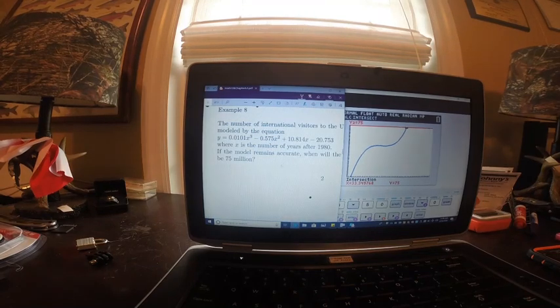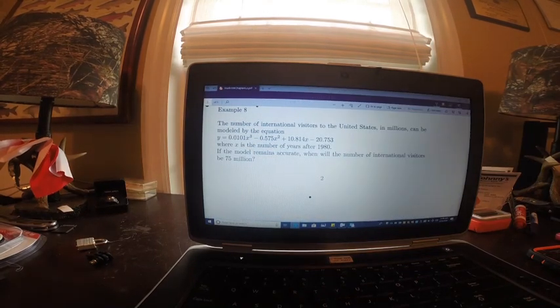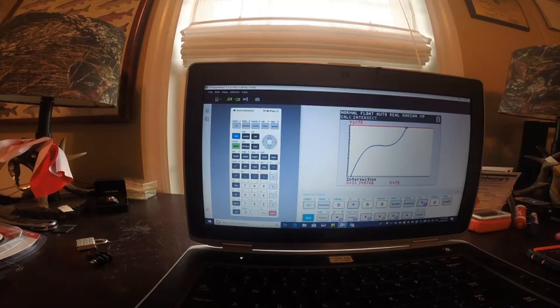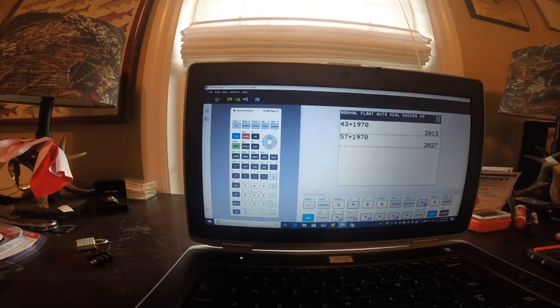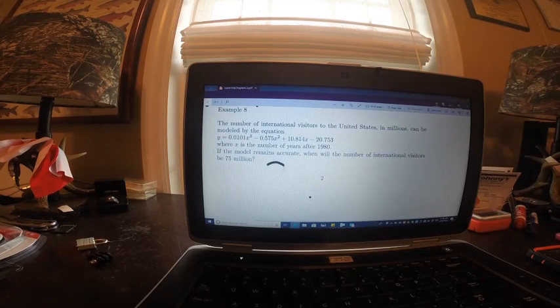We have to know here, we look at year 33, number of years after 1980. So if you want to be really simple about it, 1980 plus 33. So in the year 2013, that would be the answer we'd be looking for.